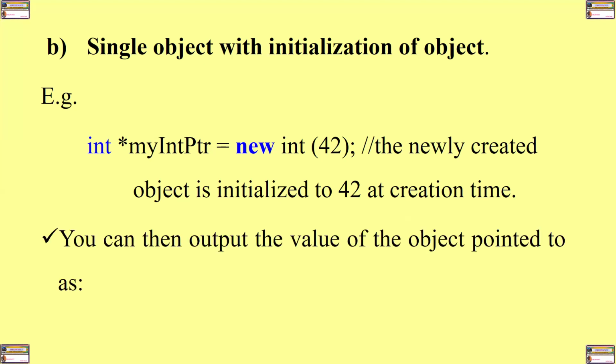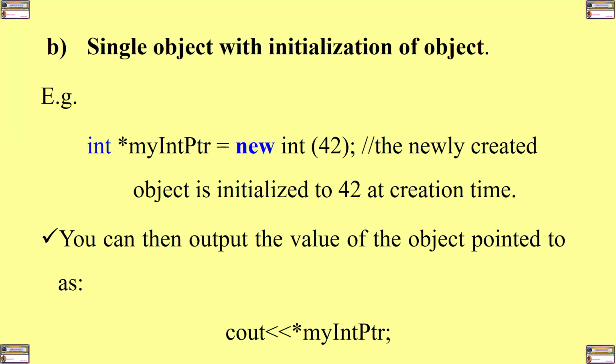So you can output the value of the object being pointed to by the pointer as follows. So you can have cout, and then what are we outputting? We are outputting the value that is stored in the newly created memory, or the new variable, indirectly.